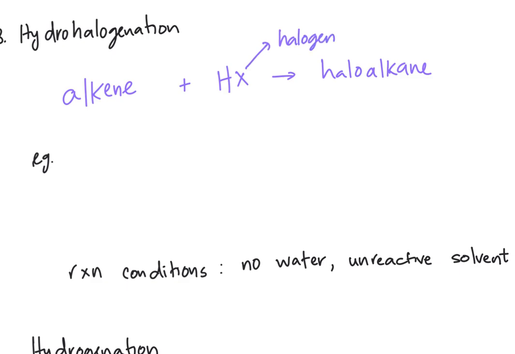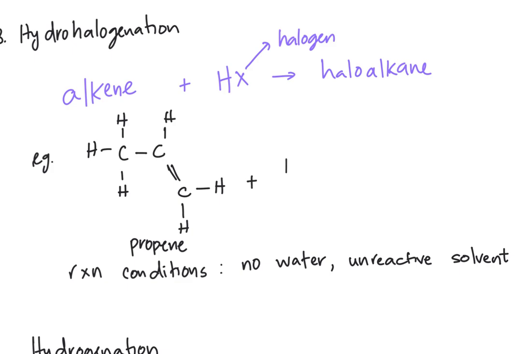So I could start with something like propene. If I drew propene out, so I've got your propene plus, let's say, hydrogen bromide. What that turns into is a haloalkane.